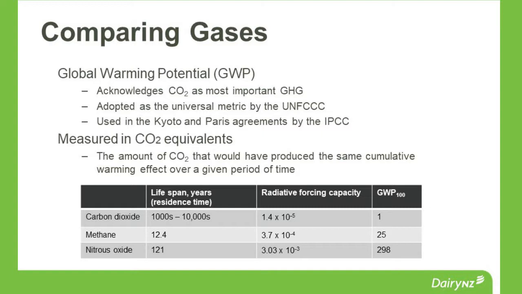That means when you look at the GWP over 100 years, methane is 25 times more potent than carbon dioxide at warming the atmosphere, which means that one ton of methane is the carbon dioxide equivalent of 25 tons of carbon dioxide.